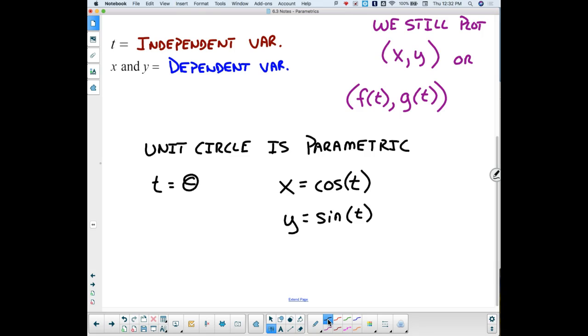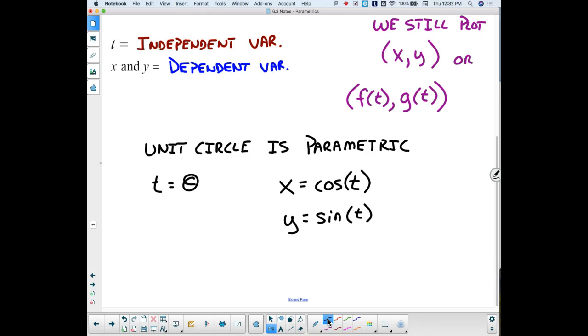If I pick an angle somewhere between 0 and 2 pi, let's say I pick 7 pi over 6, so t is equal to 7 pi over 6. My x value would be the cosine of t, which would be negative square root 3 over 2. My y value would be the sine of 7 pi over 6, which would be negative 1/2.